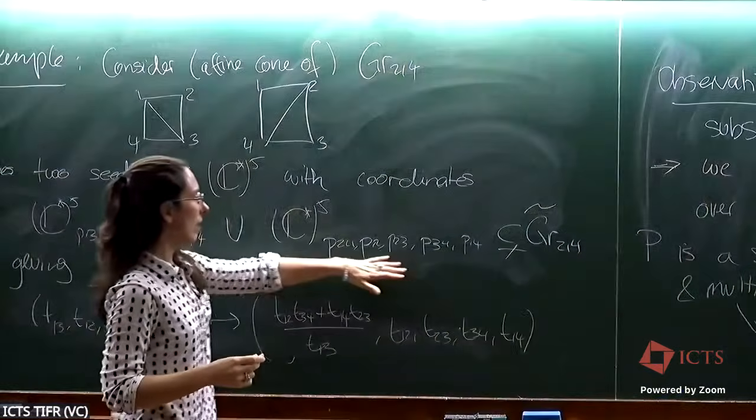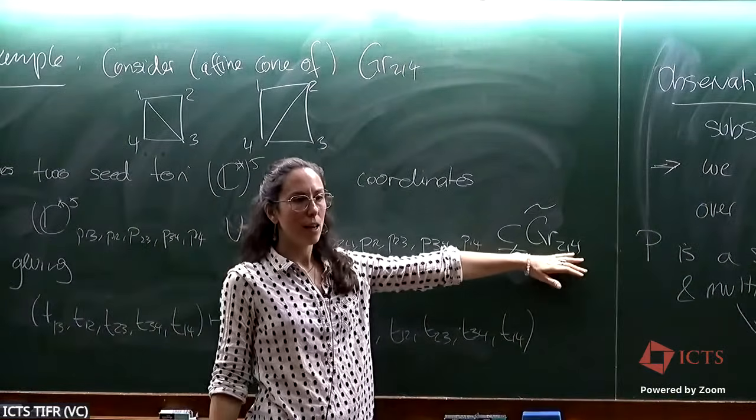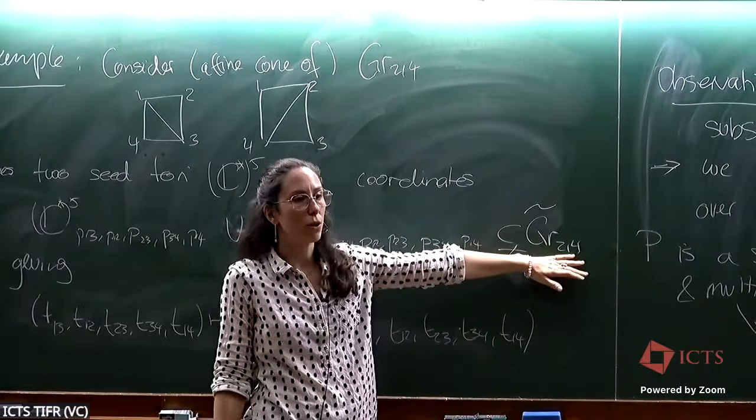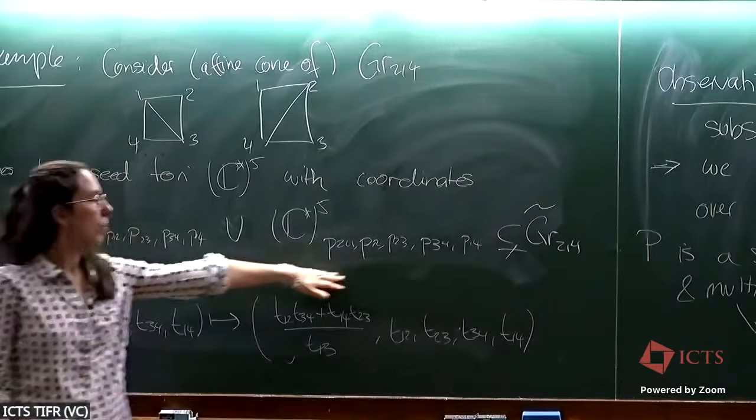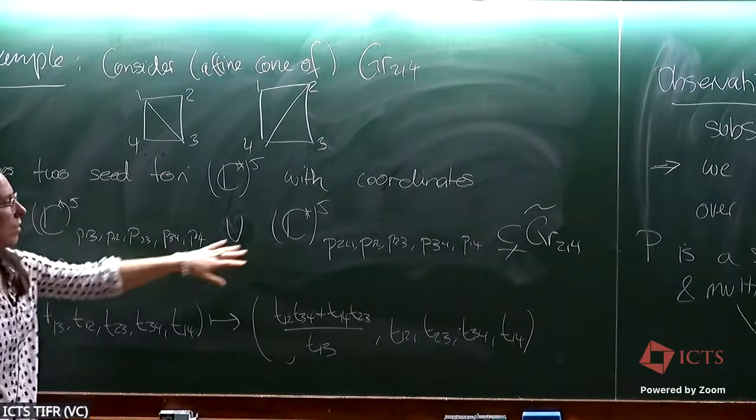Right, so maybe this was not so clear here. This is by construction a subset of the Grassmannian, or the affine cone of the Grassmannian. They are not the same, because in the Grassmannian I can have certain points where Plücker coordinates vanish, and here this is not allowed: all my Plücker coordinates are C stars.